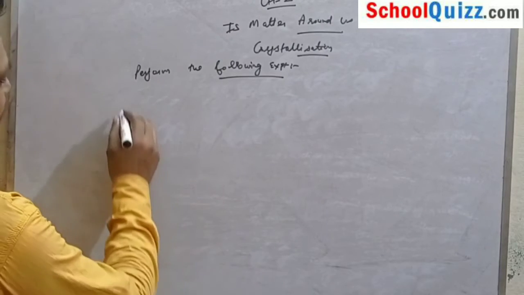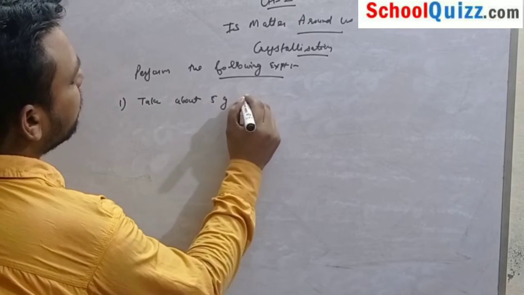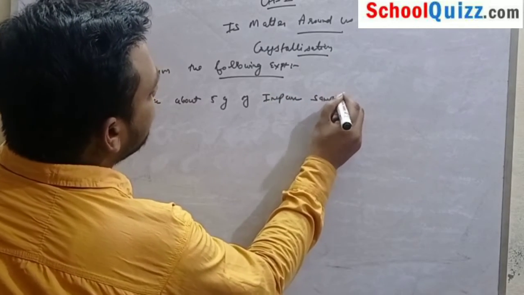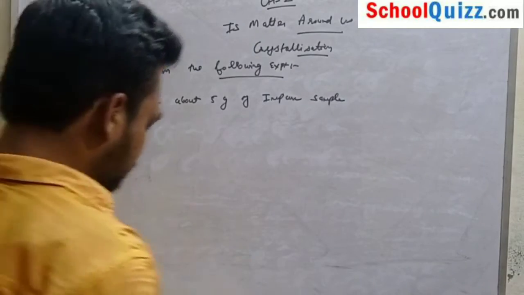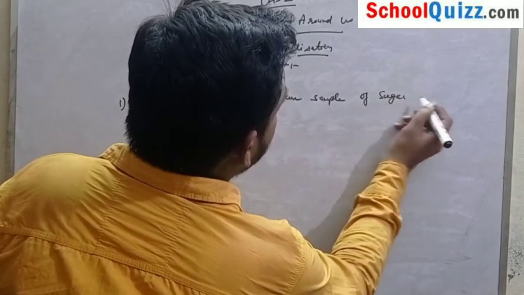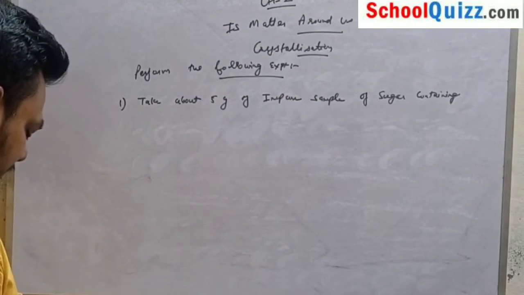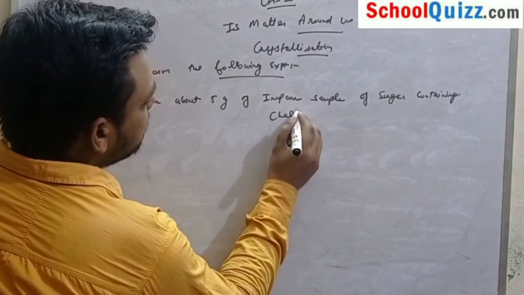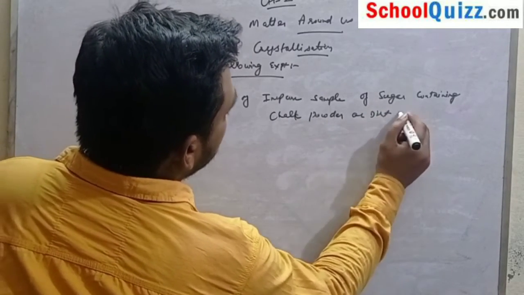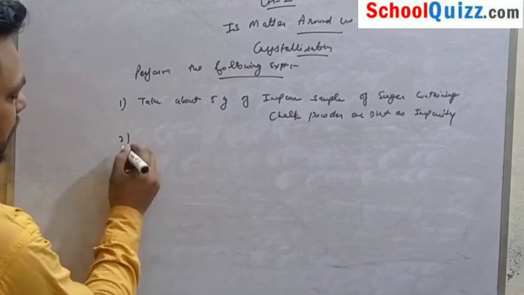First one is, take about 5 gram of impure sample of sugar containing chalk powder or dirt as an impurity.